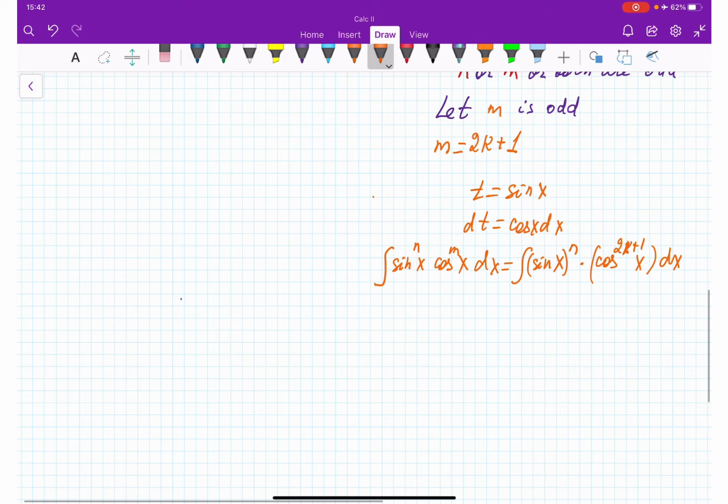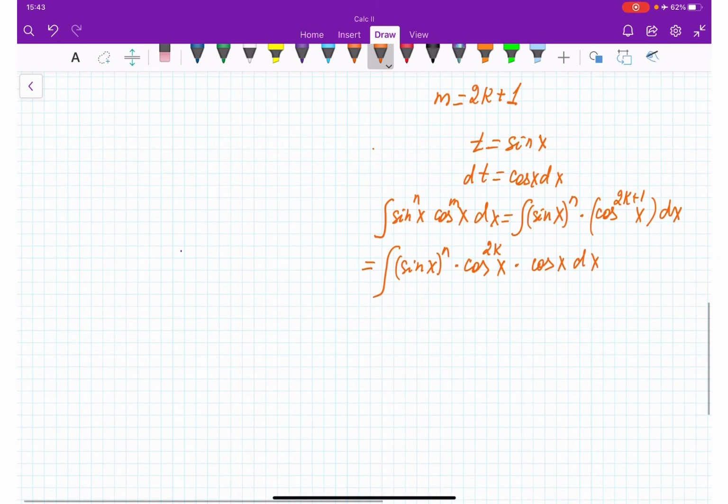From here, I'm going to break down this exponent. I'm going to put cosine x to the power 2k times cosine x, to the power 1, which I don't write, and dx. All right?